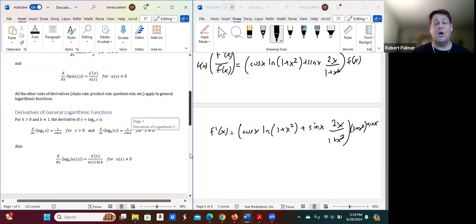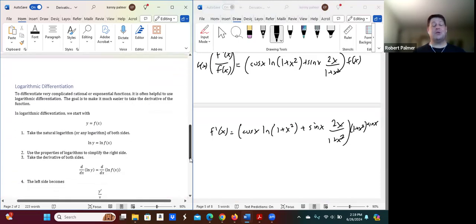And then finally, we looked at logarithmic differentiation, where if you have a complicated expression, it's often easy to take the log of both sides. You have to assume that this is only valid where f of x is positive. Then we can simplify the complicated expression using properties of logarithms, take the derivative of both sides, and get y prime or f prime by itself to get the derivative.